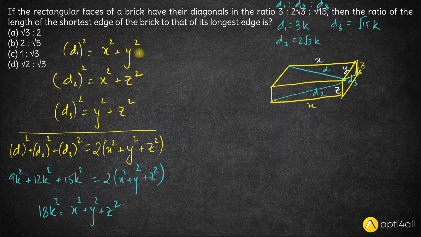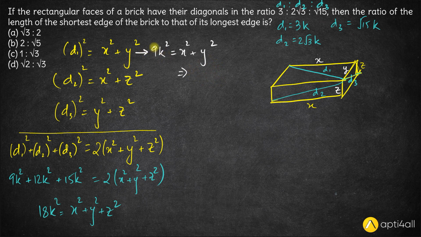Now let's come back to these equations. d1 we know is 3k, so d1 square, which is 9k square, is equal to x square plus y square.